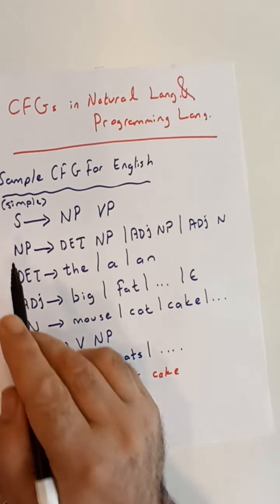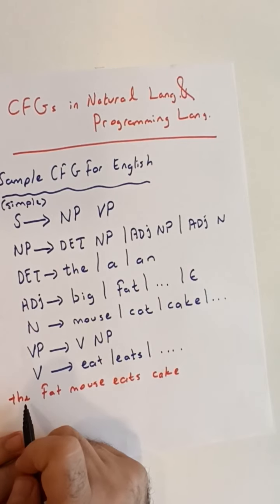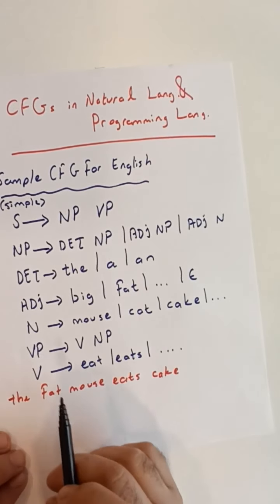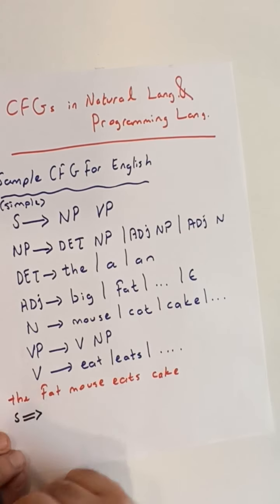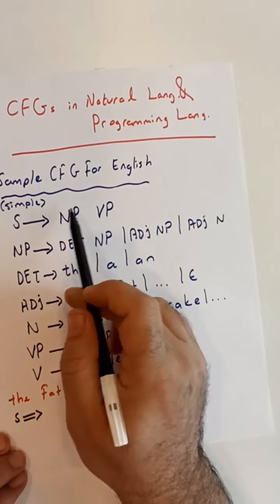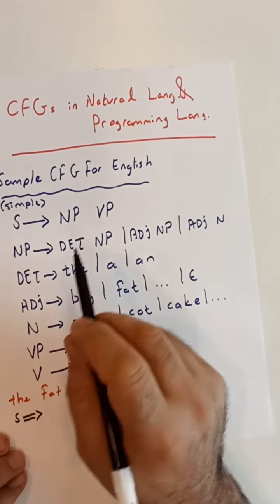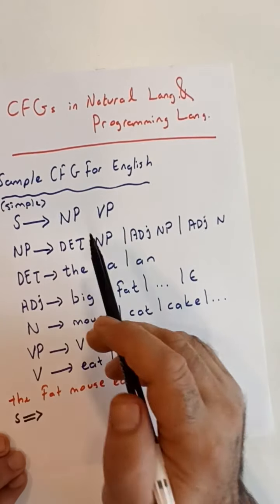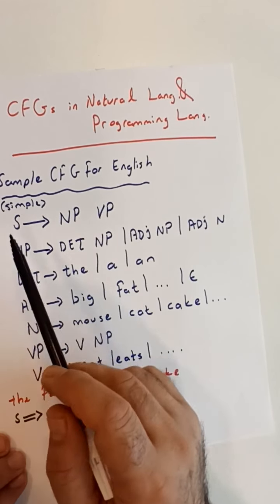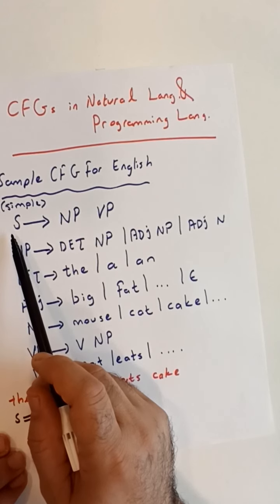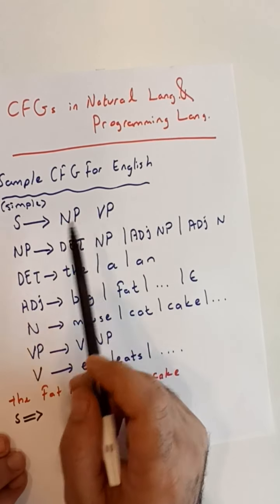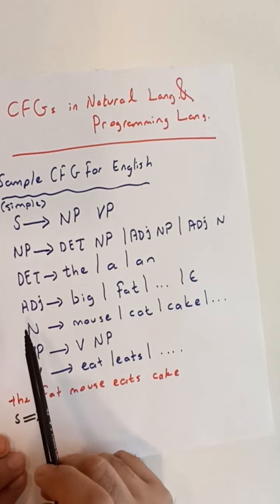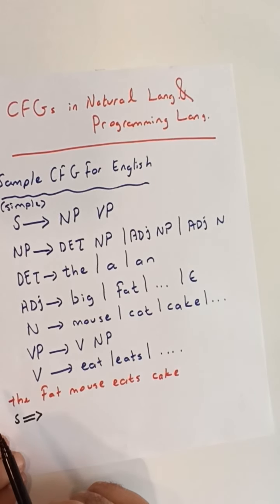So we will start with our starting variable S representing a sentence, a legal sentence according to the rules of this grammar, and we will do our first derivation, expand S with the first rule. Note that in this grammar, all these words denoted with uppercase letters correspond to the variables of our grammar. S is a variable, NP, VP, determiner, adjective, all these are our variables.